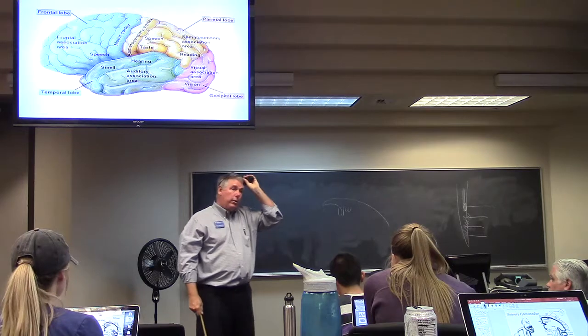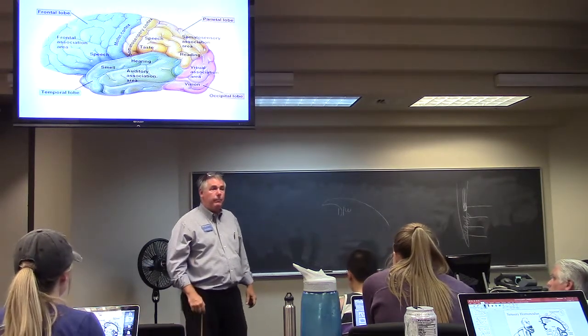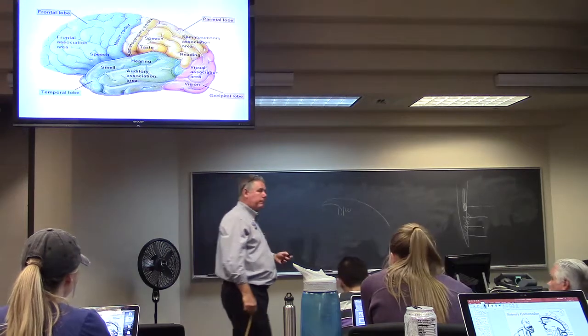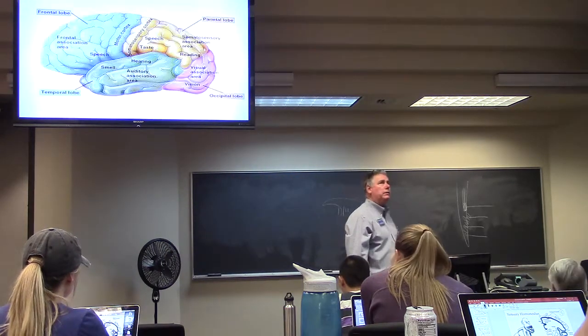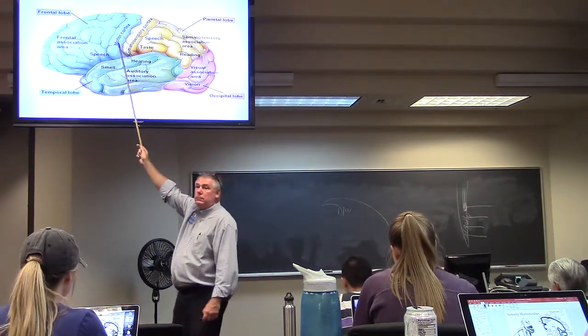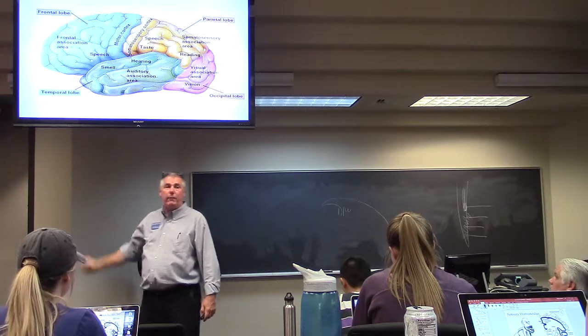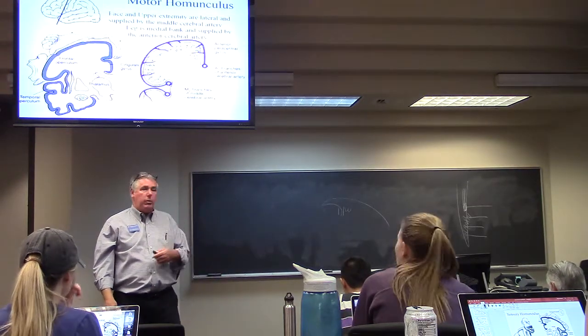When I said earlier you can look at a person and say where the lesion is, there you go. This is the sensory homunculus. The motor homunculus is in front of it. The primary motor strip is in front of it. You are represented on the motor strip just like you are on the sensory strip.